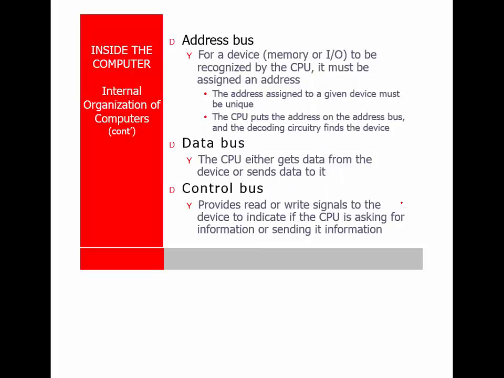The address bus, it must be assigned an address. Every device in your system has an address, or, in the case of memory, many addresses, but it's in a range. When we look at the address bus, I tend to look at it like, for example, your house. Your house has a house number, but then you live on some street.